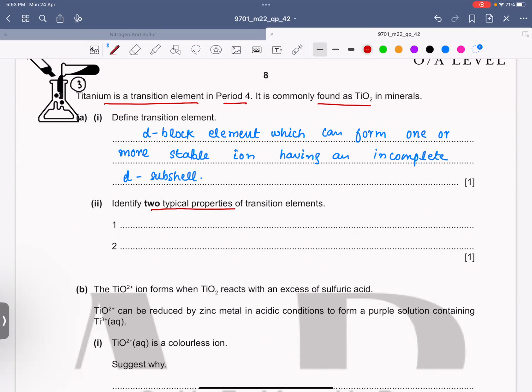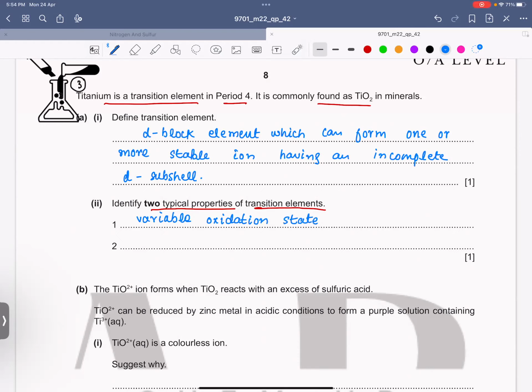Identify 2 typical properties of transition elements. So the 2 typical properties, one is the most important one that everybody is familiar with, that they have variable oxidation states.